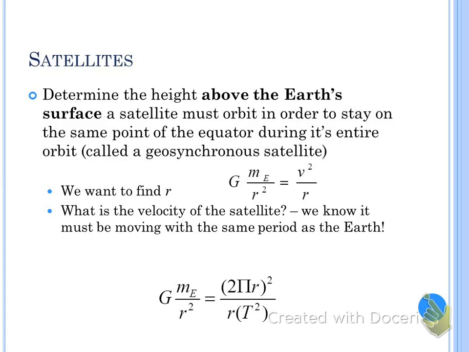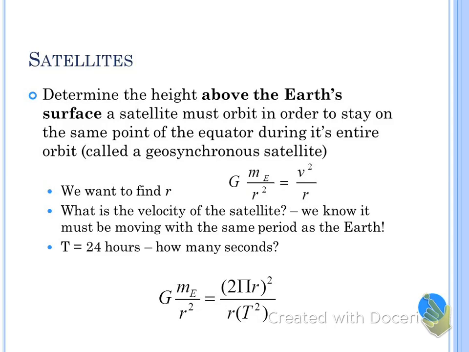The Earth makes one complete revolution in one day. Do we all agree with that? It makes one complete spin. I'm not talking about laps around the sun here. I'm talking about one spin, one day. So that means that T must equal 24 hours for the satellite. If it's going to travel at the same proportional speed as the Earth, T has to equal 24 hours.